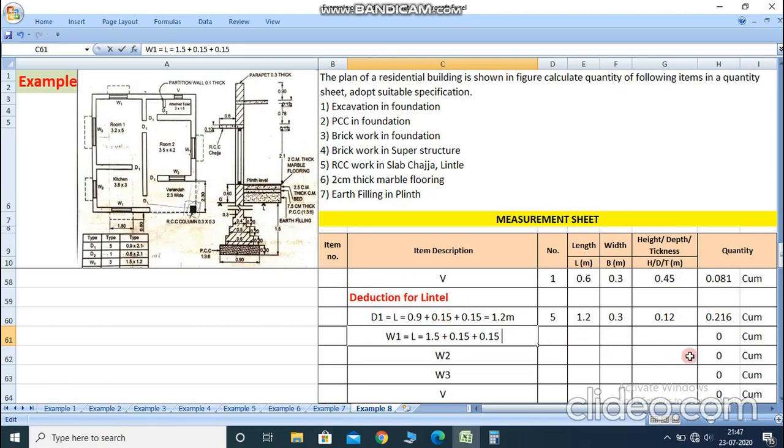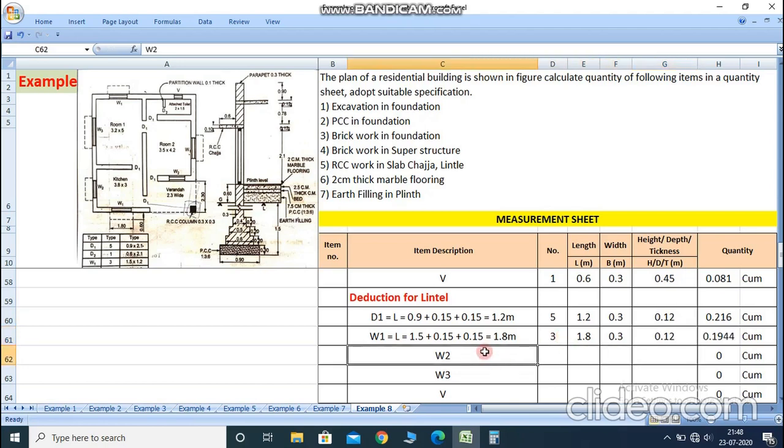Clear? So it is equal to 1.5 plus 0.3, so it's 1.8 meter. It's the length of W1. Here the total number of W1 windows is 3, length is 1.8, width is 0.3, and thickness is 0.12.